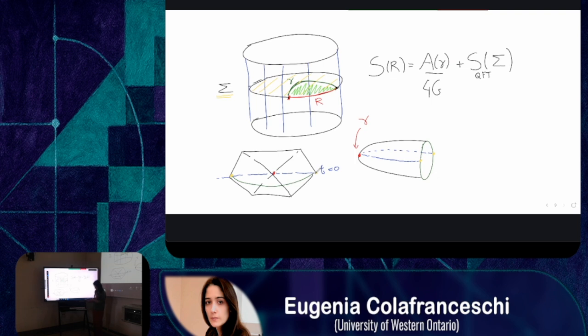Something I wanted to do, but I will skip because otherwise we don't get to the island formula. So I want to move to the evaporating black hole. The part I won't do, but you can ask me later if you are interested, is to add the quantum corrections to this.